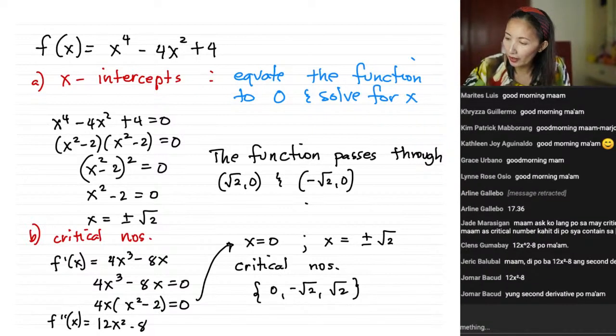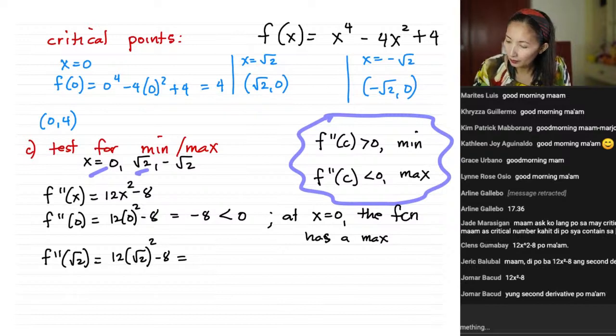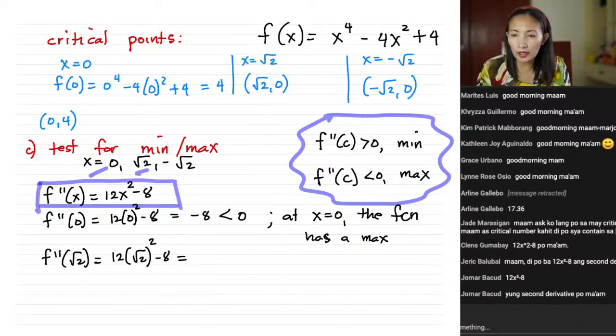Okay, correct. So when evaluated, the radical sign will be eliminated. That's 24 minus 8 is 16, correct? So this one will be 16.